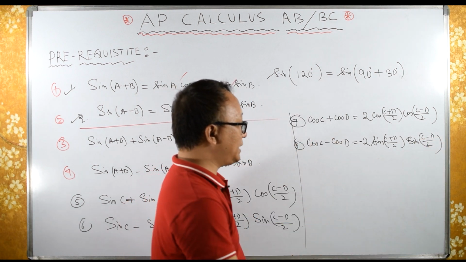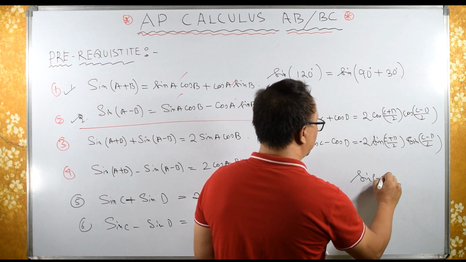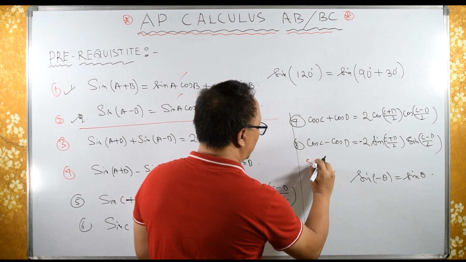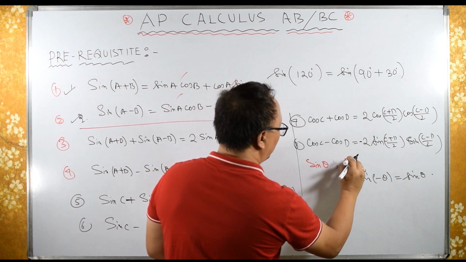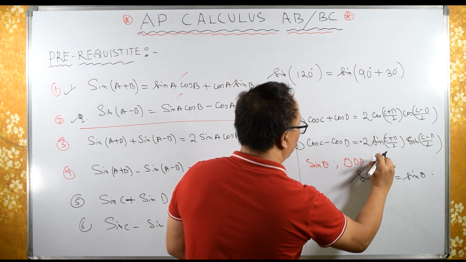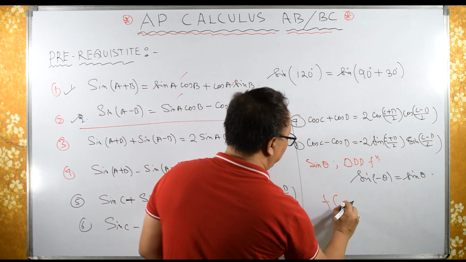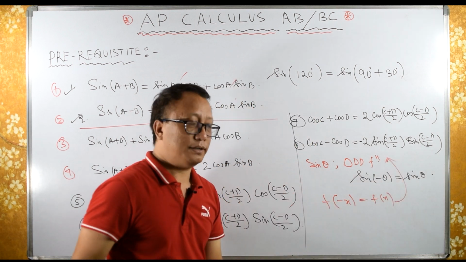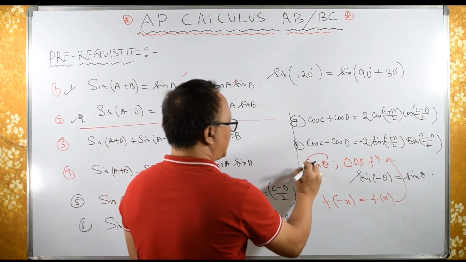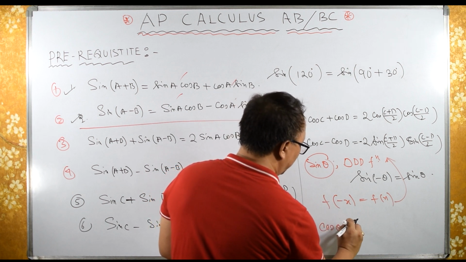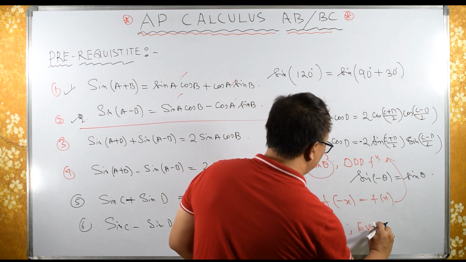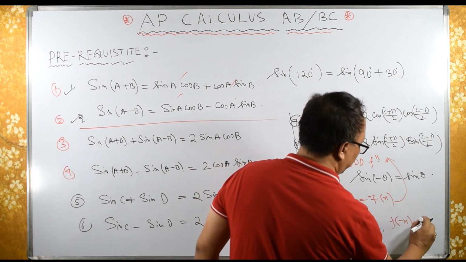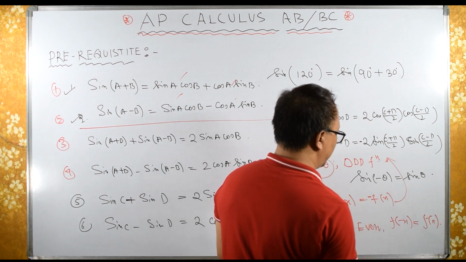Why? Because we have sine of minus theta equals minus sine theta. Sine theta is what we call an odd function. An odd function means f of minus x equals minus f of x. And cos theta is an even function, where f of minus x equals f of x.